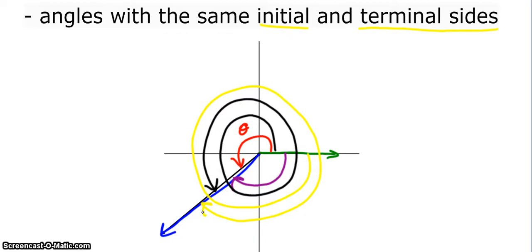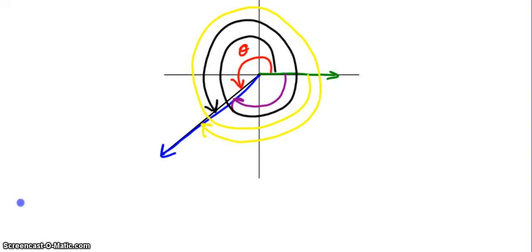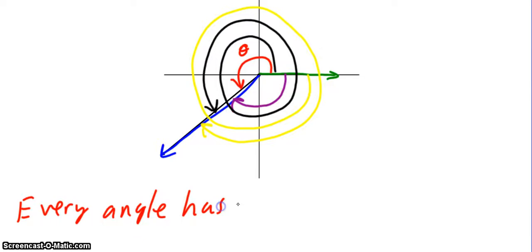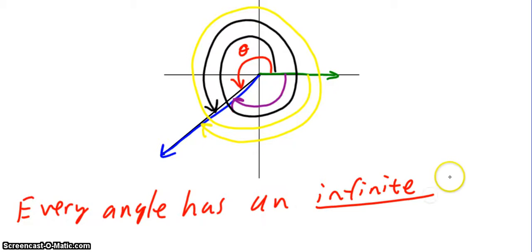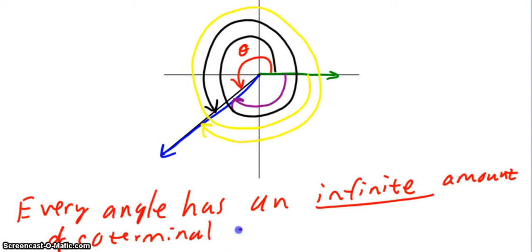So when we talk about coterminal angle, every angle has an infinite amount of coterminal angles. And again, this is already typed on your packet for you.